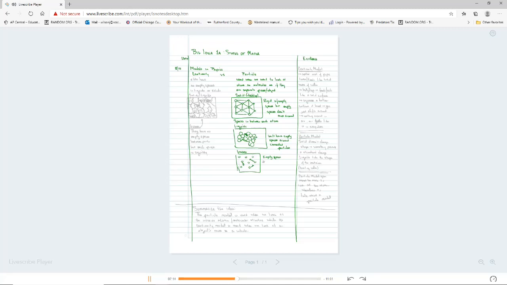model says first. The continuity model says that we have no empty spaces in liquids or solids.